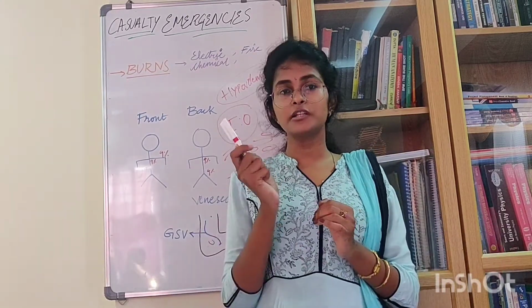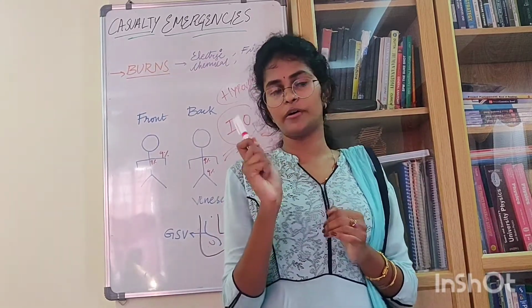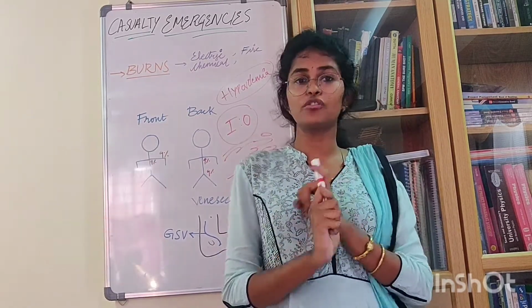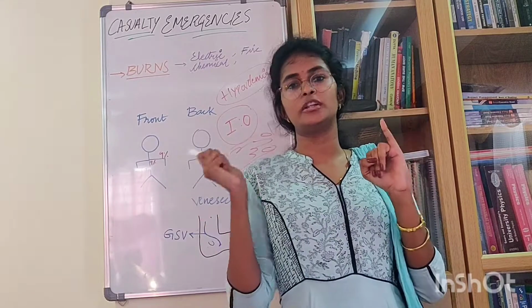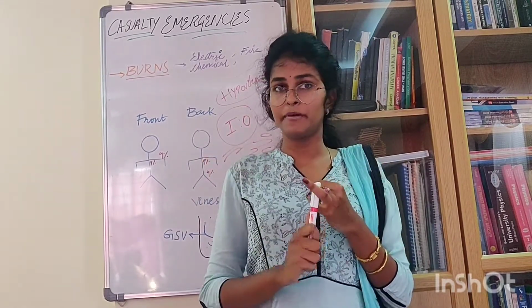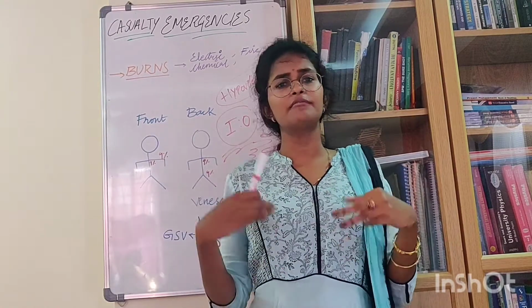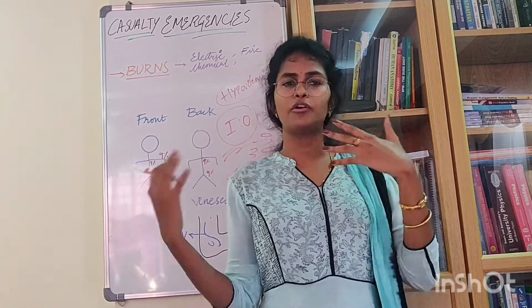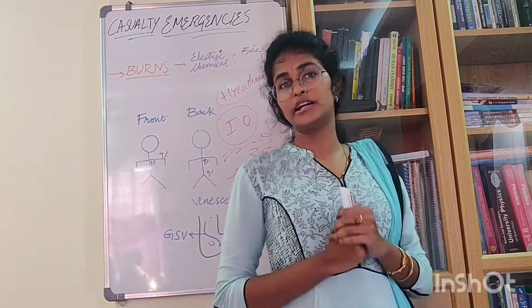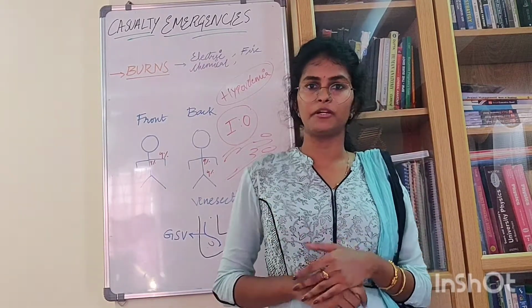The first thing you need to do is perform an ECG. Check if there are any ventricular arrhythmias, because the major cause of death for an electrical burn patient is ventricular fibrillation. Second thing, there might be GI damage and chest damage. So after doing an ECG, perform an ultrasound or a chest X-ray or CT, whatever is needed, and that is very important for an electrical burn patient.